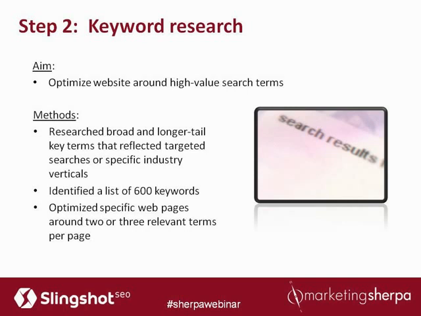And these included sample of a sales compensation plan, sales compensation planning for SaaS, and auto dealer sales compensation planning. Now with this list of 600 keywords that they identified, they began optimizing specific pages on their site around 2 or 3 relevant terms per page.